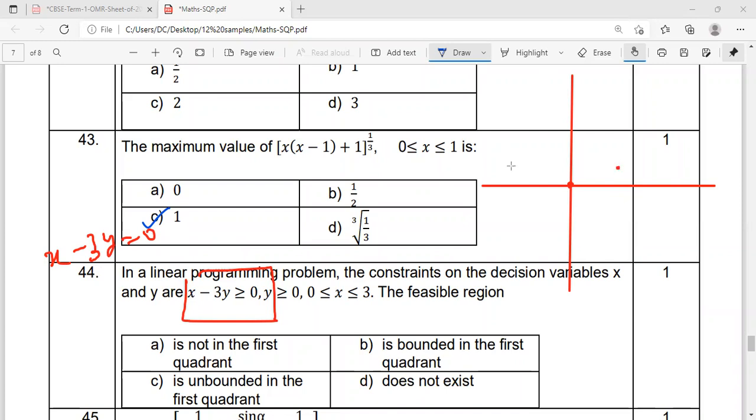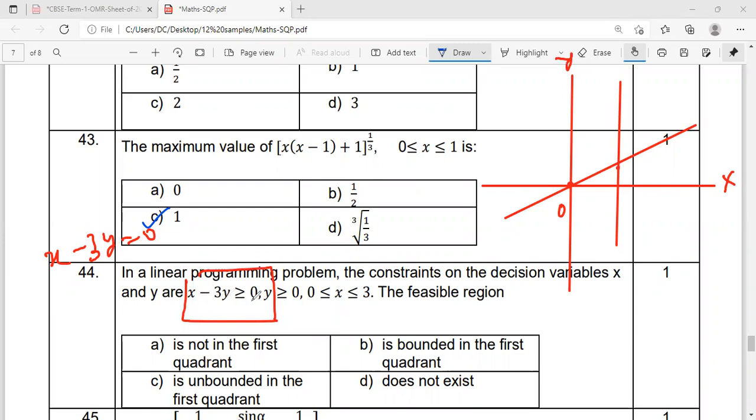Somewhere here, and the line should look like this. Okay. And x equal to 3 should look like somewhere like this. If this is 3, then x equal to 3. This is the origin here. This is x. This is y.